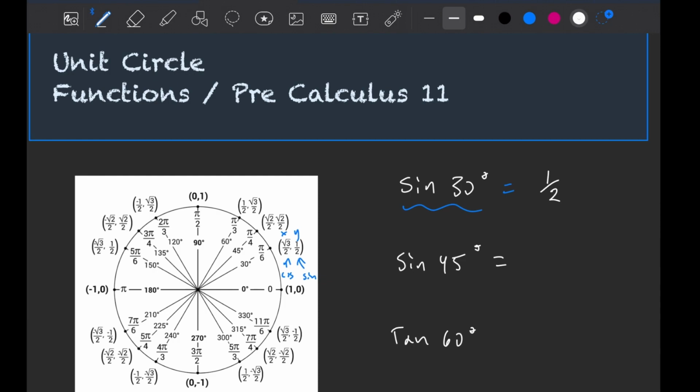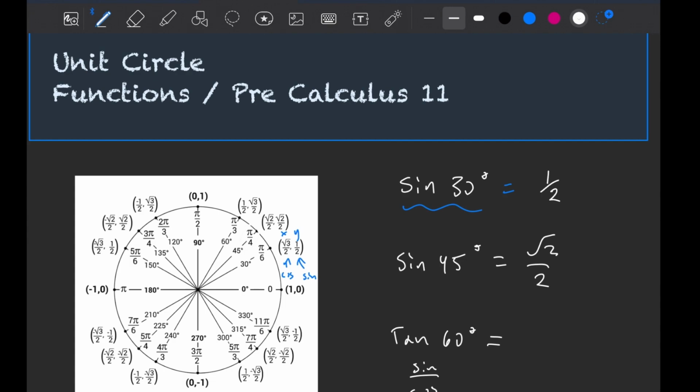If we have to figure out what sine 45 is, that's just going to be pi over 4 or root 2 over 2. Okay, and the key idea, by the way, as I mentioned before, is the radius is 1 from the unit circle. If you're looking for tangent of 60, what you're going to do is use tangent is sine over cosine.